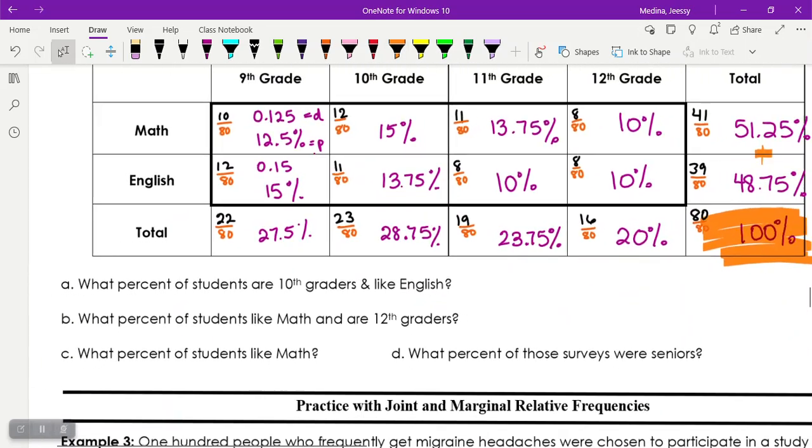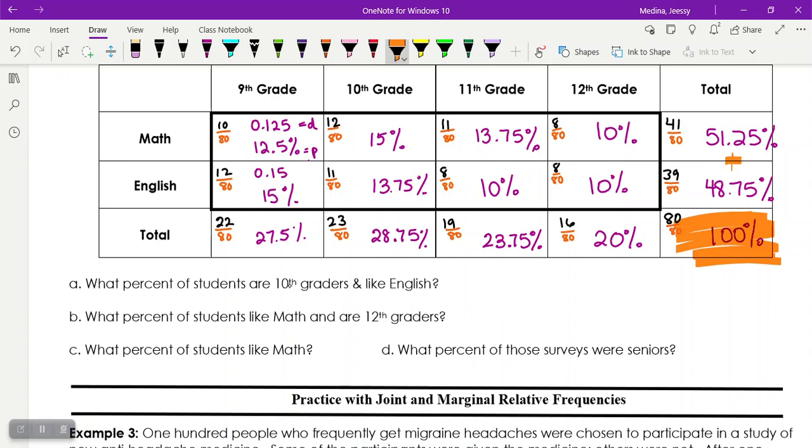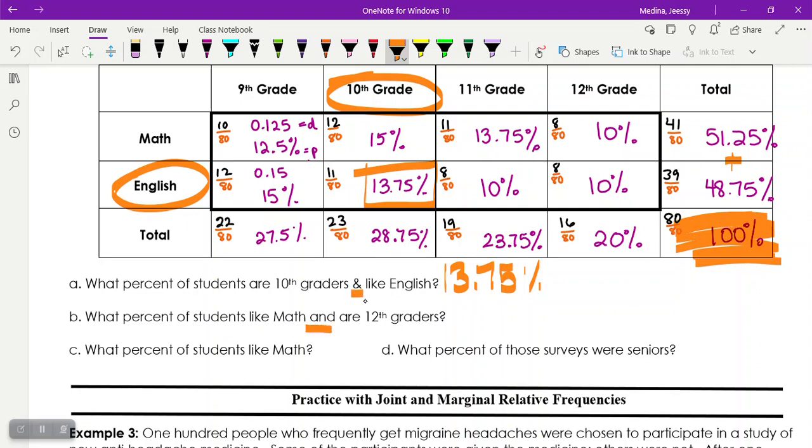All right, just looking at these percents, what percent of students are 10th graders and like English? So you look at 10th graders and you look at English, and where do they meet? Right here. What percent of students like math and are 12th graders?